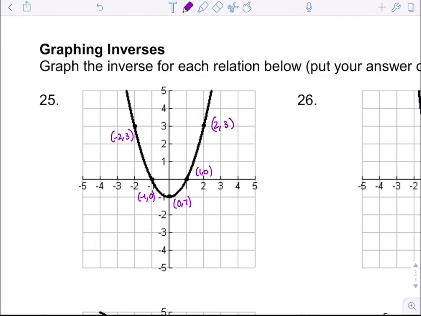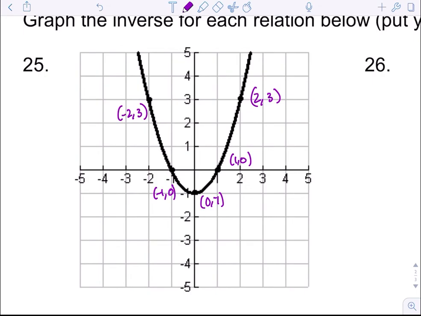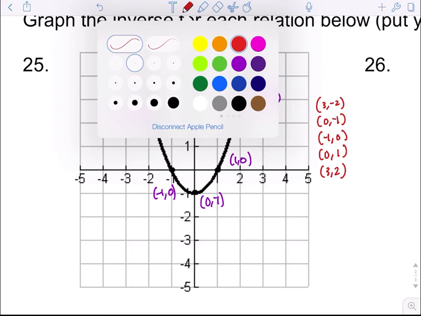So remember, in order to get your inverse, you just have to switch and swap all of these coordinates, x and y coordinates. So we're going to have 3 comma negative 2, 0 comma negative 1, negative 1 comma 0, 0 comma 1, and 3 comma 2.